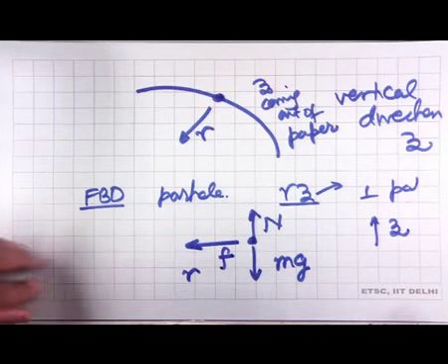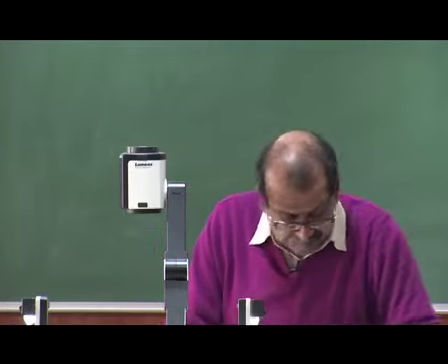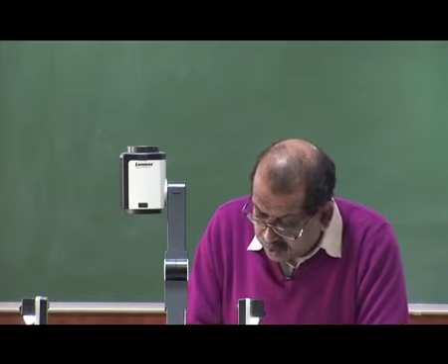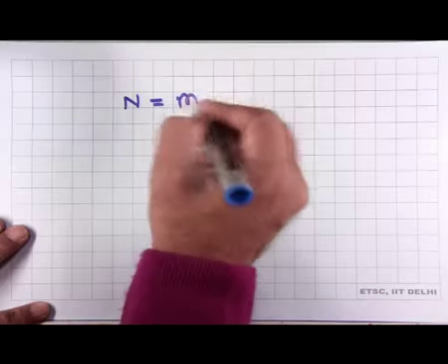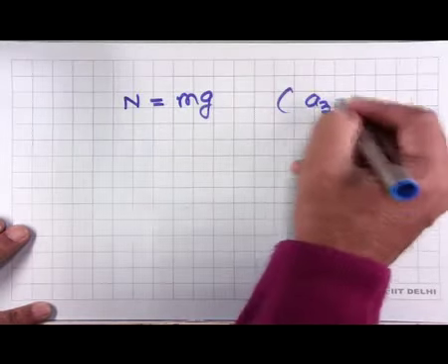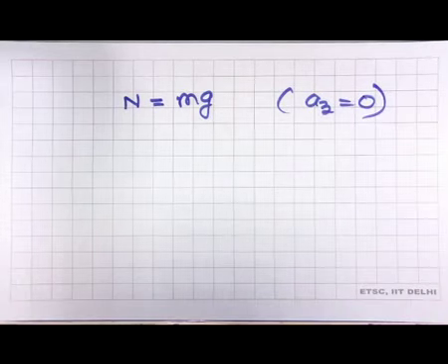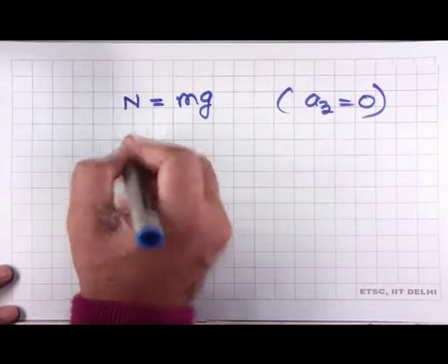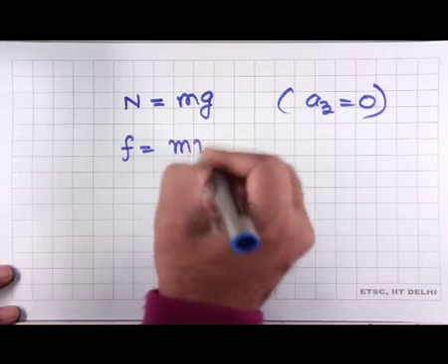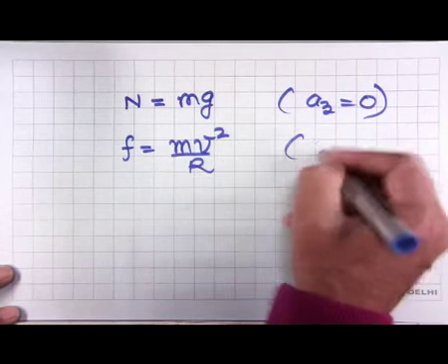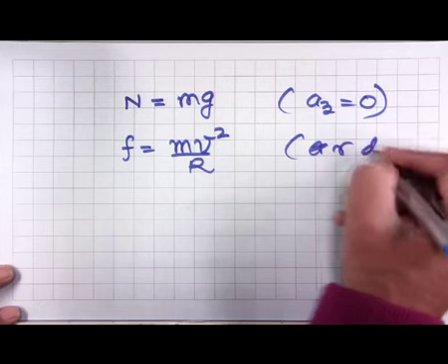When I now write my equations, what I will get is N is equal to mg, because there is no acceleration in the Z direction, and the friction force has to be equal to mv square upon r. This is in the r direction.